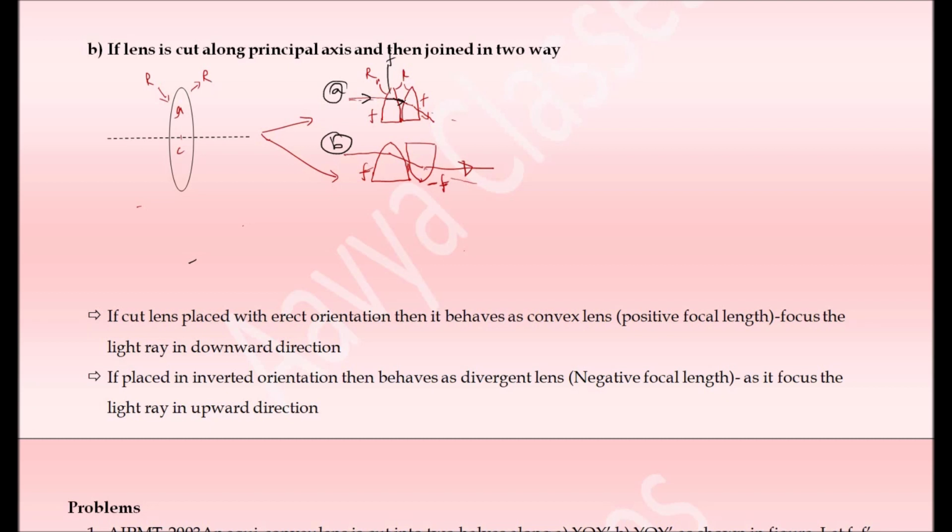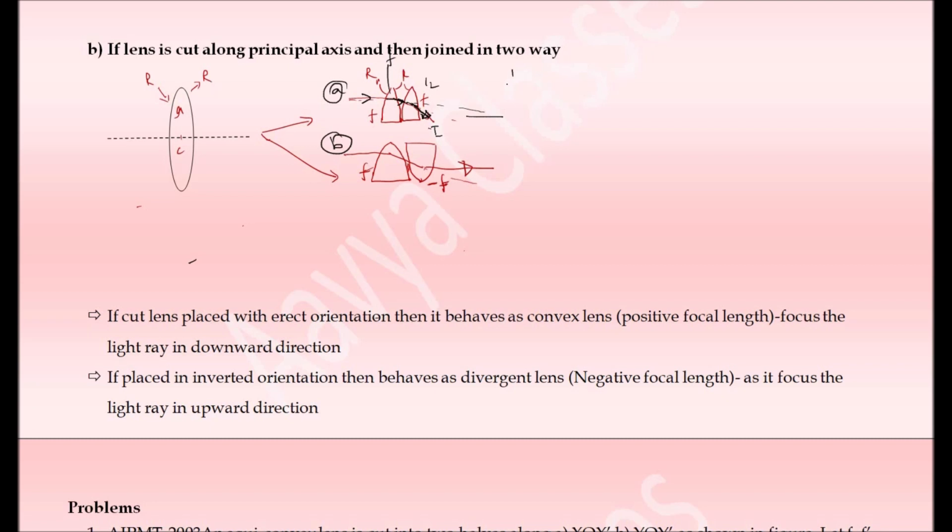Now the second lens, we call it L2, converges the light ray again, and the final image is formed in this way. Clearly, the light ray is converged by both lenses, and in this way both lenses behave as a convex lens having positive focal length.